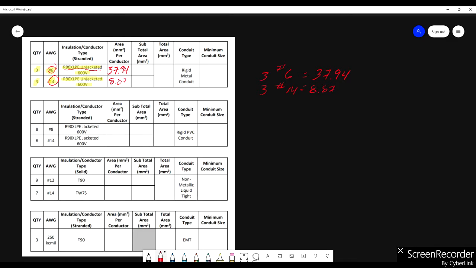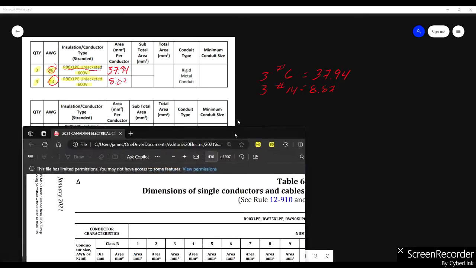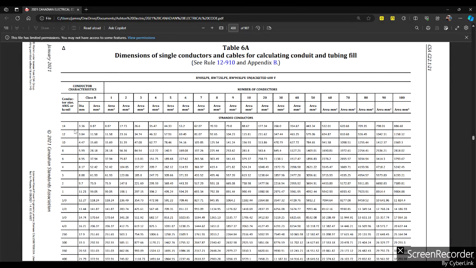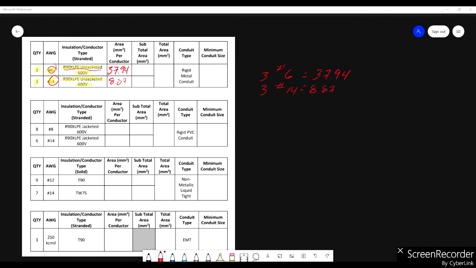Now I'm going to multiply that number by the number of conductors I have. I could do that, but what's nice about the table 6A is it does the math for you. So we're saying there's 3 of them in each wire size. So number 6, all I have to do is go over to number 3 here. I have 3 conductors. So for number 6, it's going to be 113.81, right?